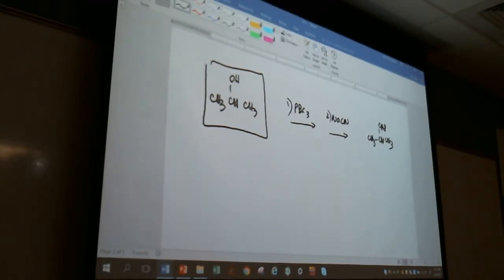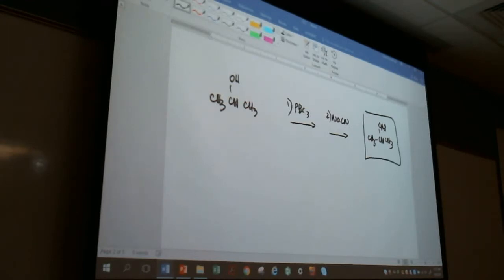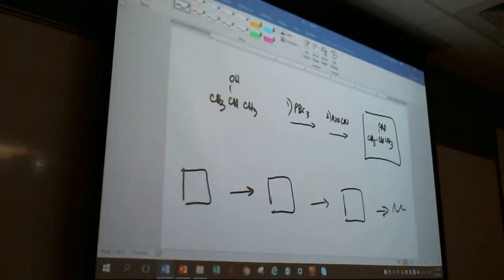I could, of course, make this a blank and ask you, given the starting material and this reagent, what is the product? I could have multiple steps, and then I give you a product, and maybe I give you a couple of the reagents and ask you to fill in the blanks.